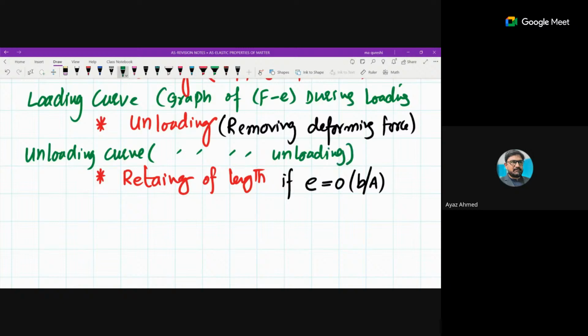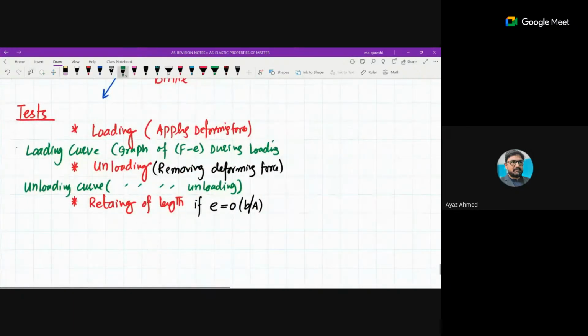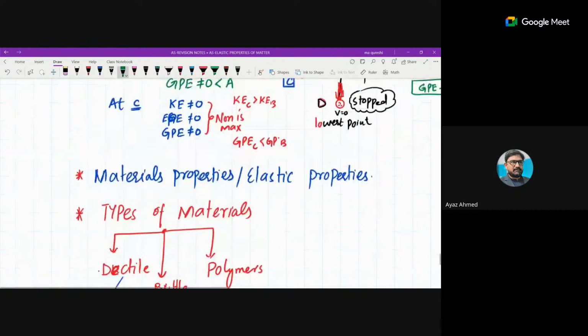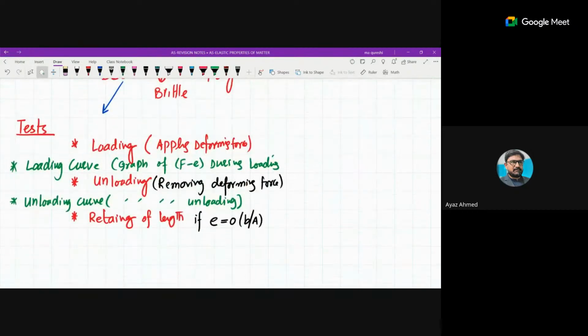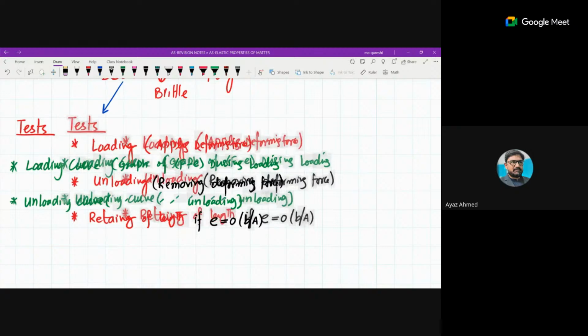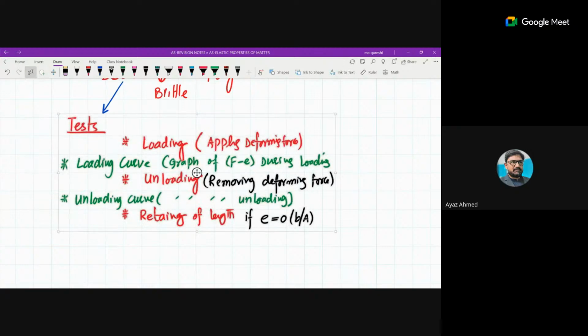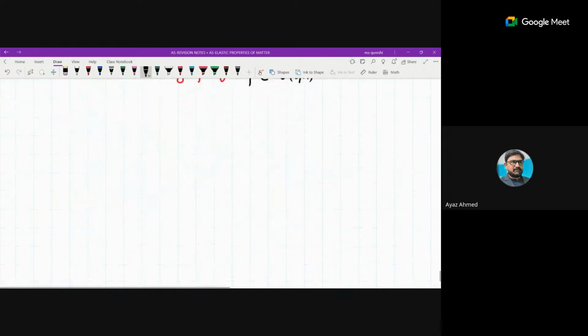Will you remember all these points? These are basically the tests of the material, to see whether it is ductile or brittle. So that is for ductile materials.